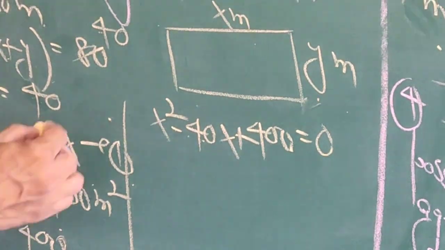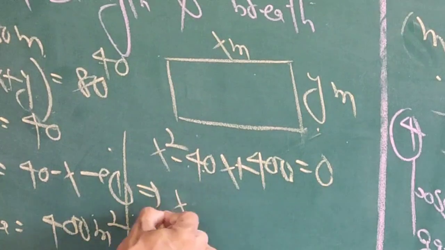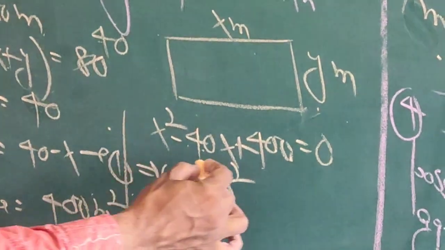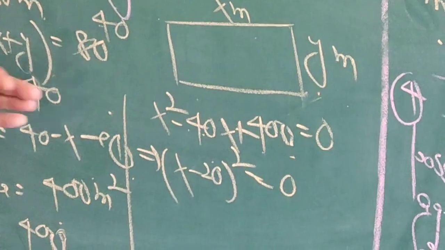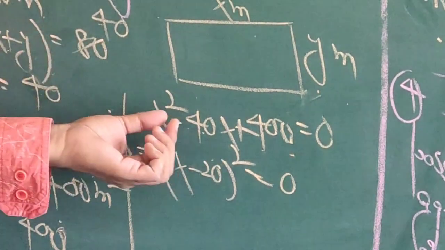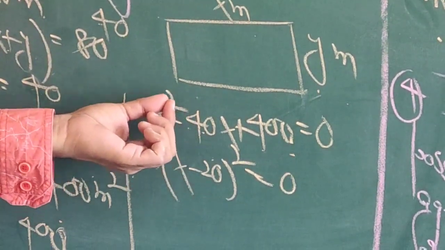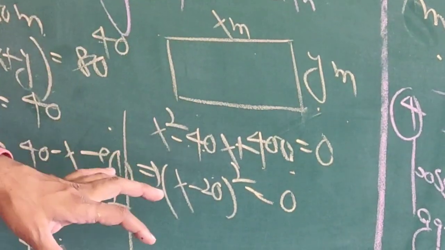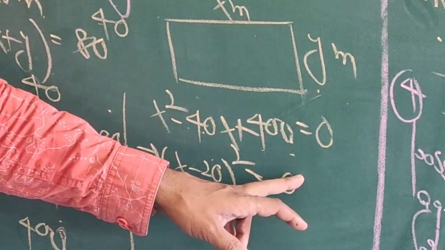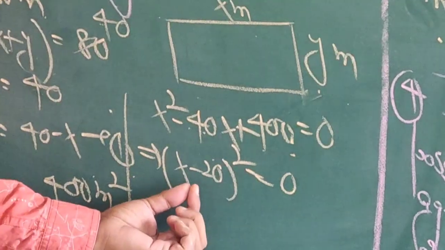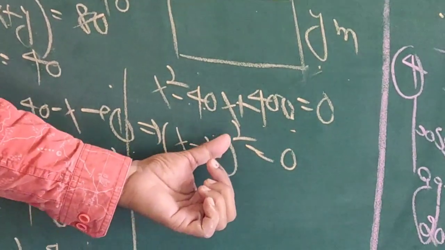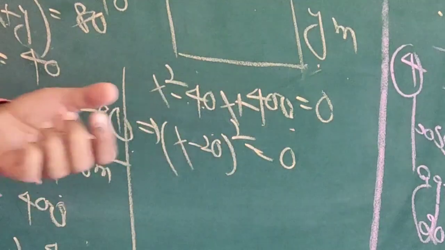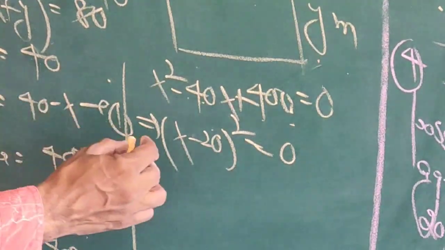So it can be factorized, or it can be written x minus 20 the whole square, because it can be solved by method of factorization. We get the two factors minus 20 and minus 20, the factors of 400, but it can be written directly as x minus 20 whole square, which is equal to a square plus b square minus 2ab, and which is equal to x square minus 40x plus 400.